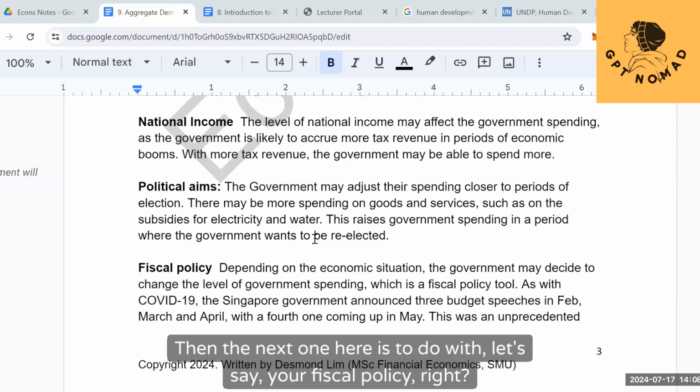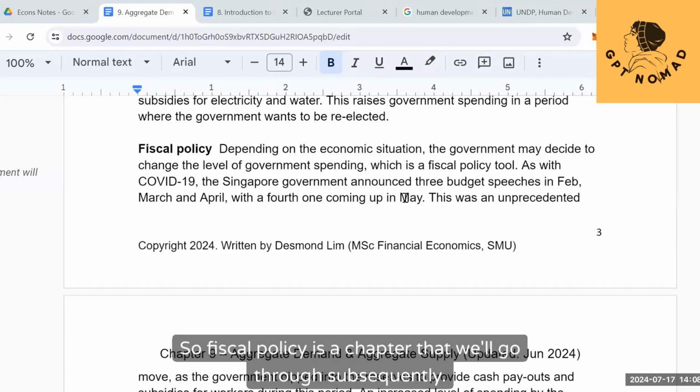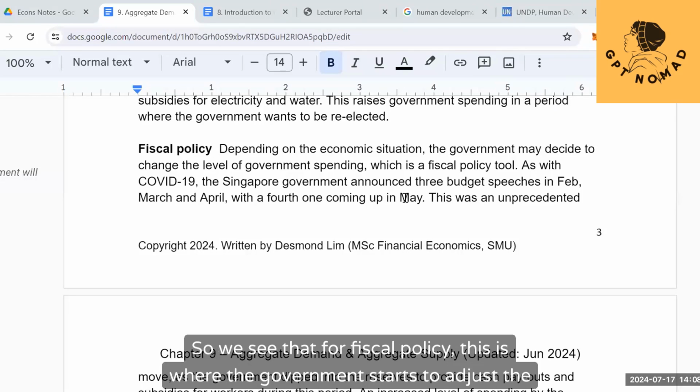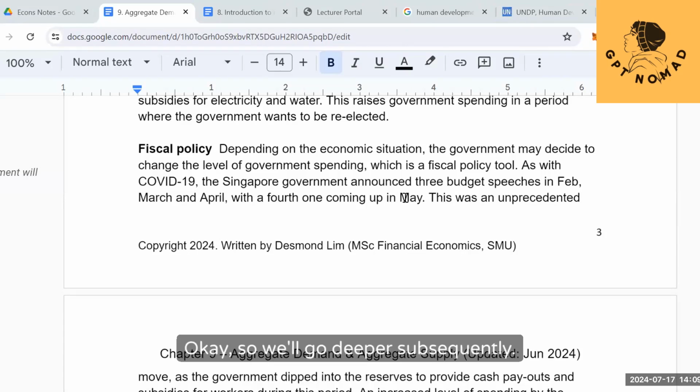Okay, then the next one here is to do with, let's say, your fiscal policy, right? So fiscal policy is a chapter that we'll go through subsequently. So we see that for fiscal policy, this is where the government starts to adjust the spending or they adjust the taxes in order to influence the economy. Okay, so we'll go deeper subsequently.